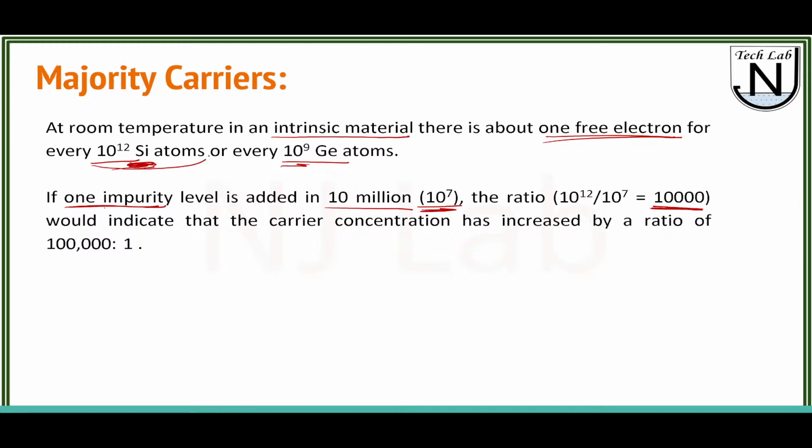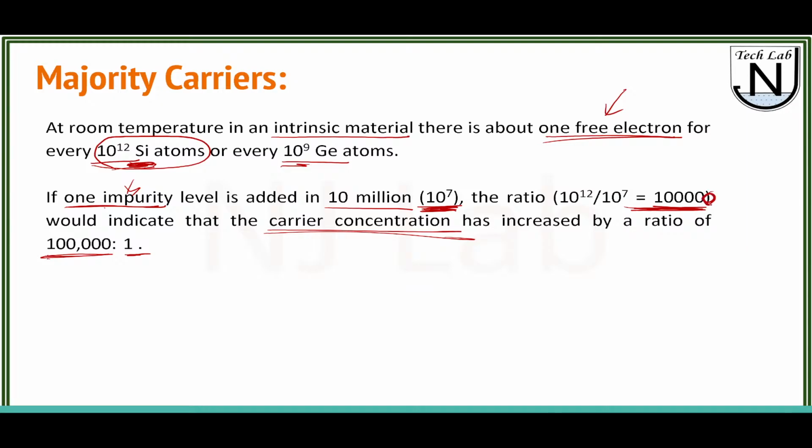A crystal with this many atoms has just one free electron, which is negligible. But by adding one impurity in every 10 power 7 atoms, we will be able to have 10,000 charge carriers. And you can imagine how much the concentration of carriers has increased. It has increased from 1 to 1 lakh.